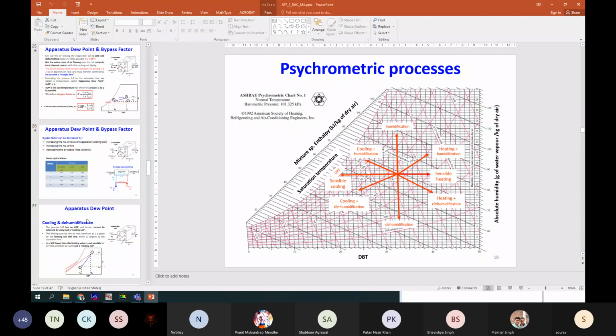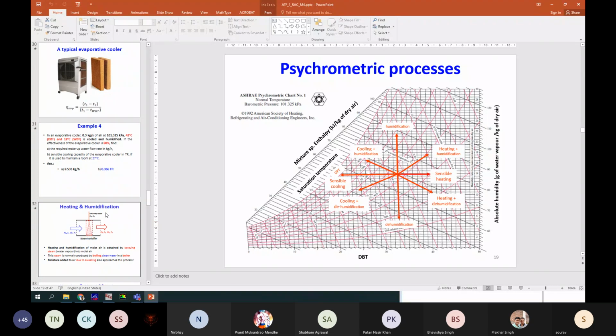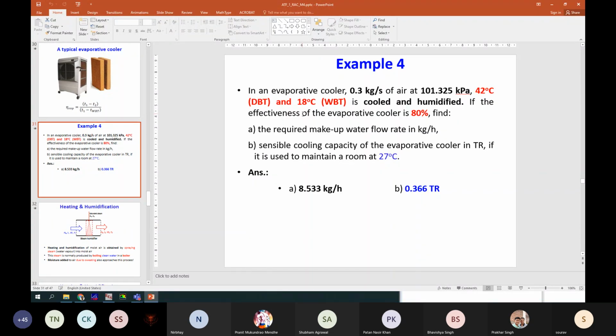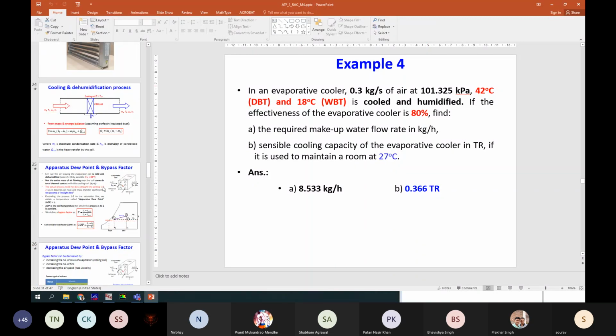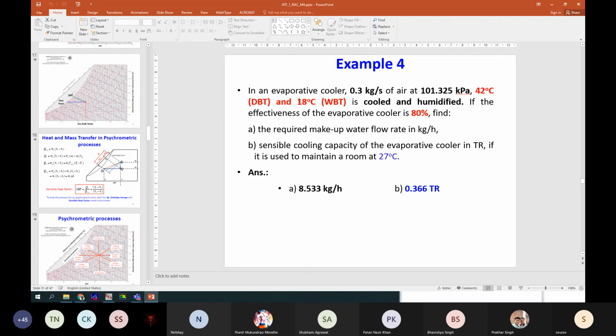And then what is given in the problem is effectiveness of the evaporative cooler is 80%. So 80% means you should have attained 18 degree as the outlet temperature from your desert cooler.